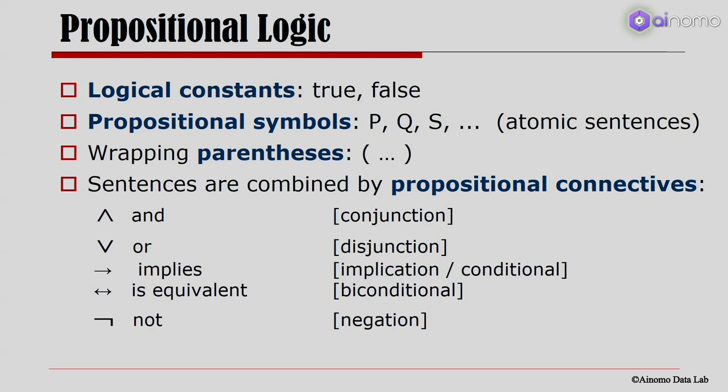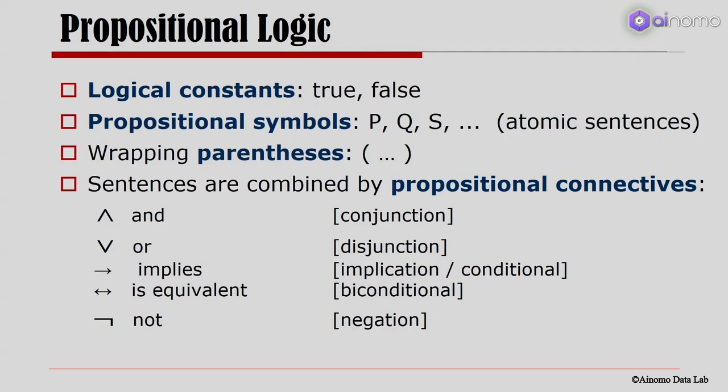So we have looked at propositional logic, and we have seen that it has logical constants, propositional symbols, and parentheses. Sentences are combined by propositional connectives of conjunction, disjunction, implication, biconditional and negation.